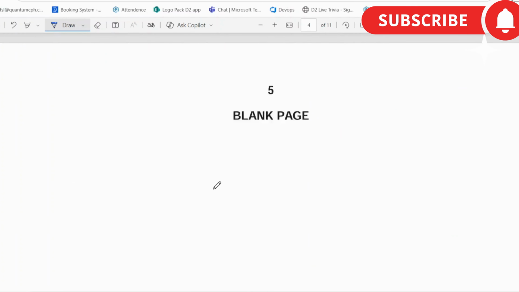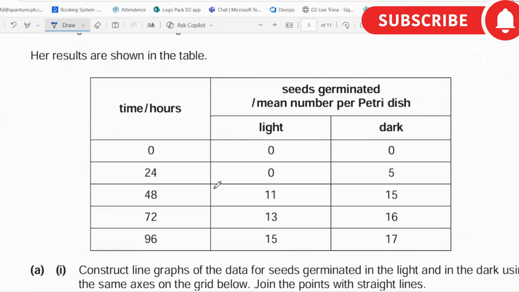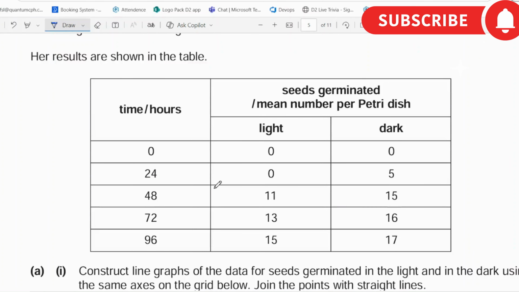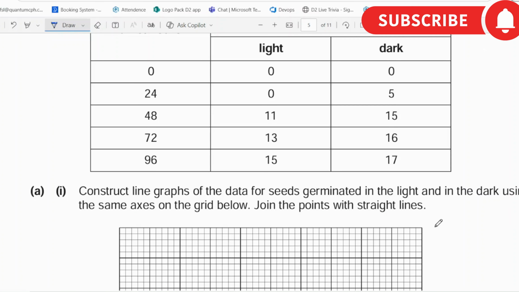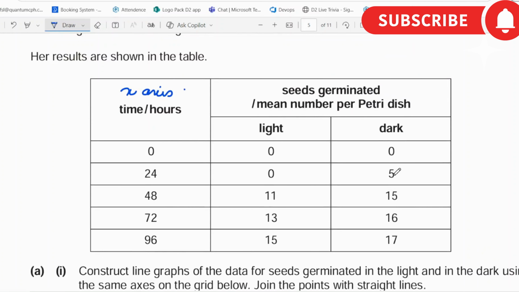How do you draw a graph? Read this and tell me how many lines there would be. You have to make a line graph. They have written it very clearly. Line graph.